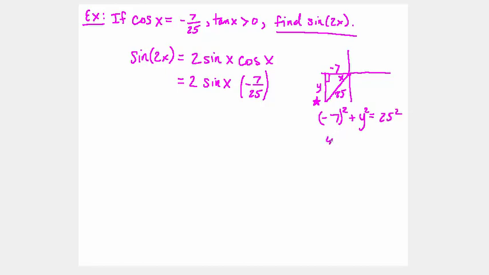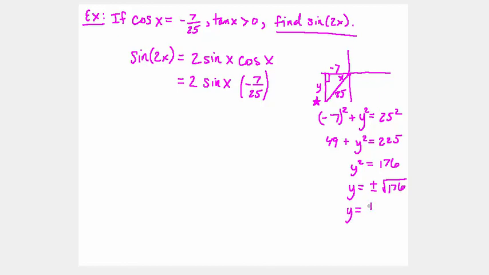squared. So if we simplify this, we'll have 49 plus y squared equals 625. If we subtract 49 from both sides, we'll get y squared equals 576. And then if we take the square root of both sides, we'll have y equals plus or minus, technically, the square root of 176.